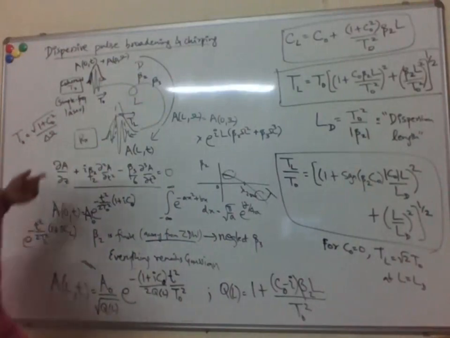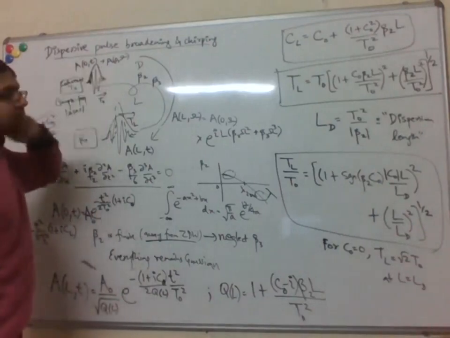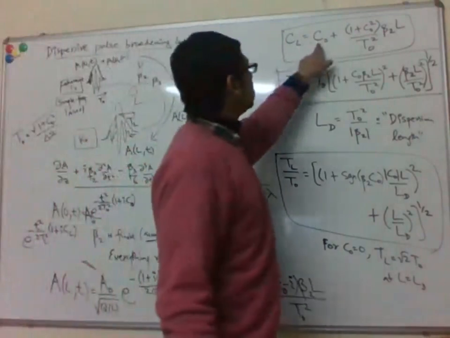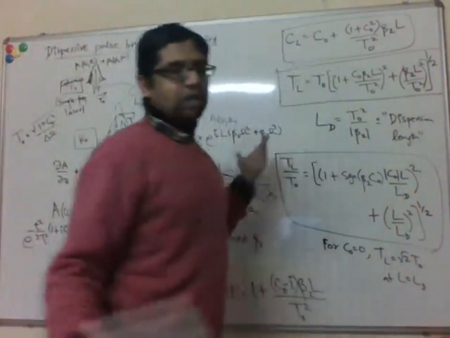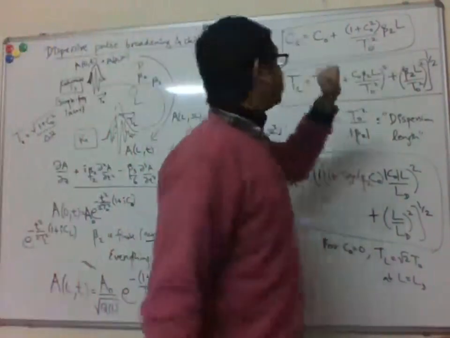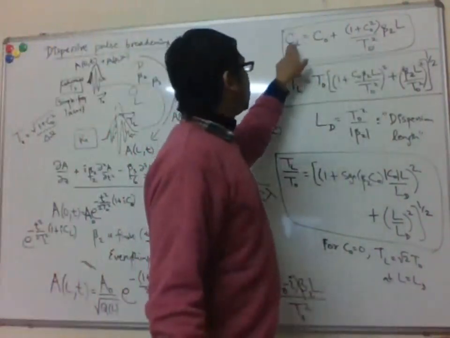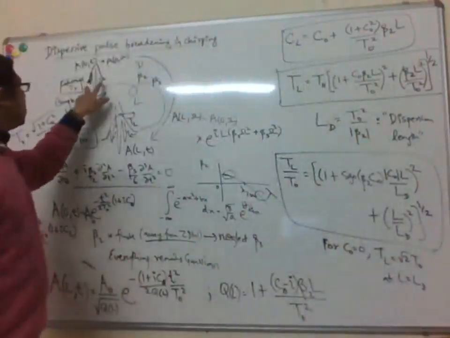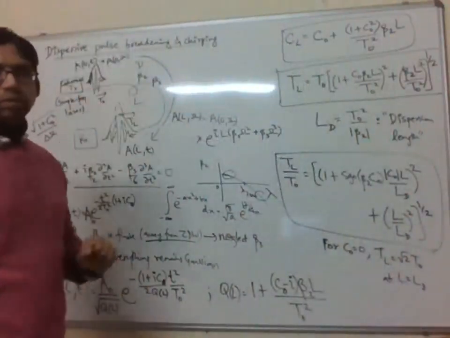Right, so now you can see why this initial chirp can be important. If I had an initially unchirped pulse, so if C0 is 0, then the pulse will always broaden. No matter if beta 2 is positive or negative, the magnitude of C_L will always be more than 0. So if we start with an unchirped pulse, then it will always broaden.